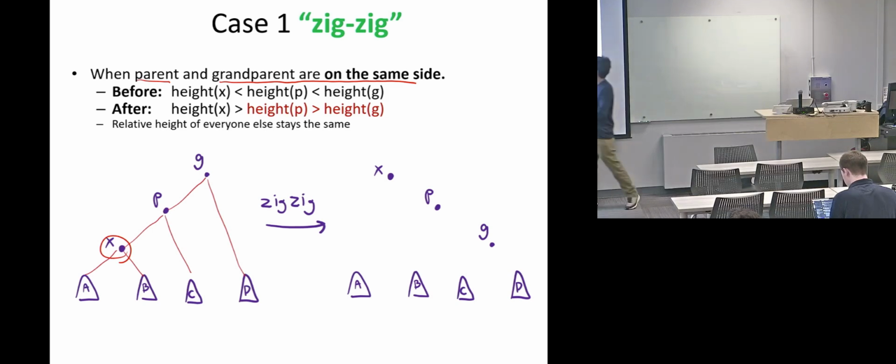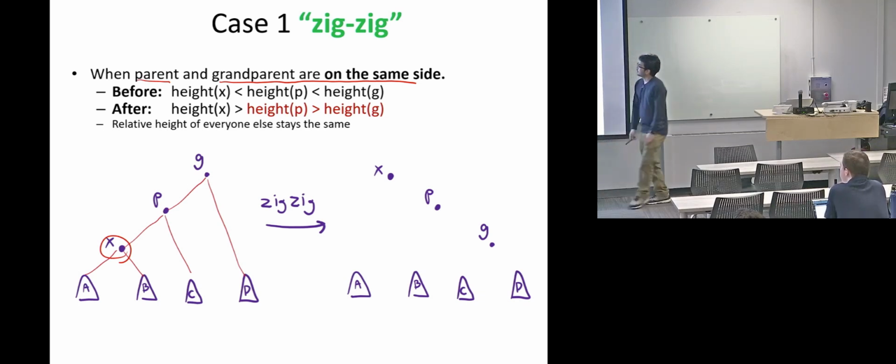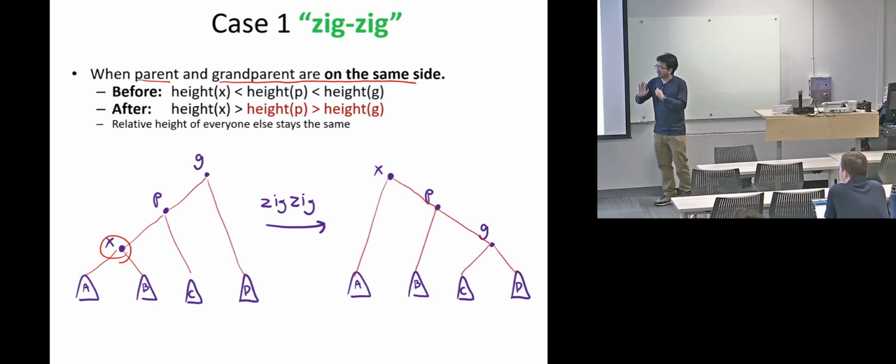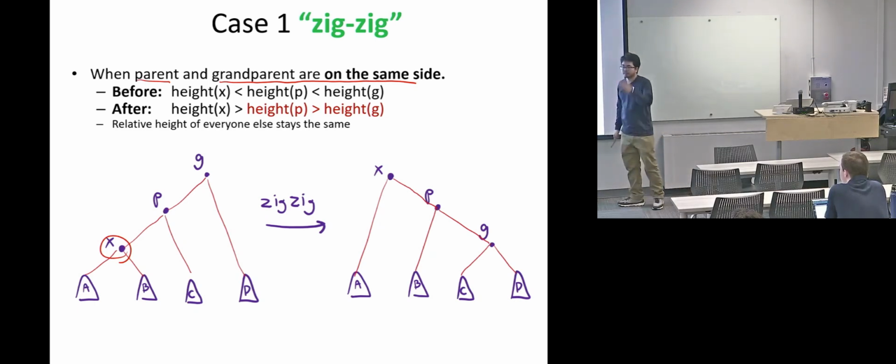You're just going to rotate so that x is higher than p and p is higher than g. Once you do that, connect in the natural way, the unique way. This is zig-zig. When grandparent and parent are on the same side, just make it like this.